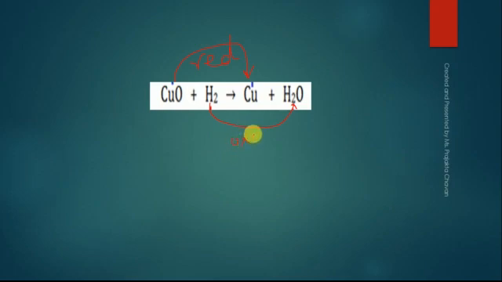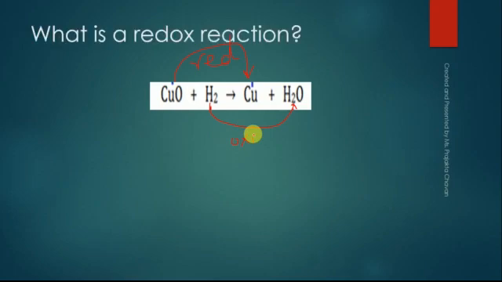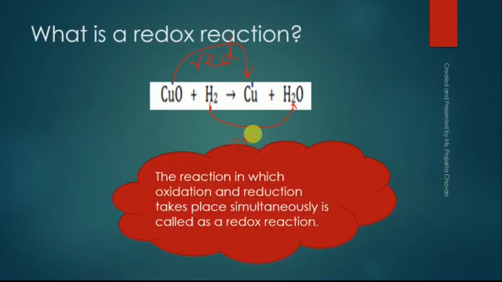Brilliant, isn't it? Yes. So, students, the reaction in which oxidation and reduction take place simultaneously is called a redox reaction. So in this reaction, reduction is happening and oxidation is also happening, both together.